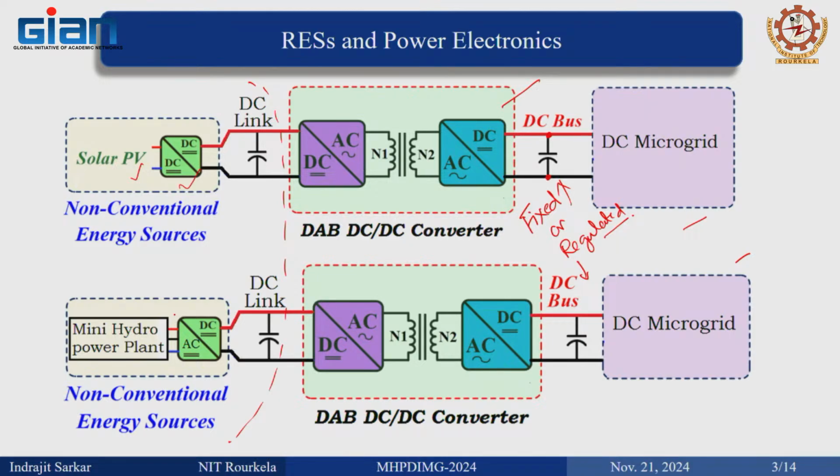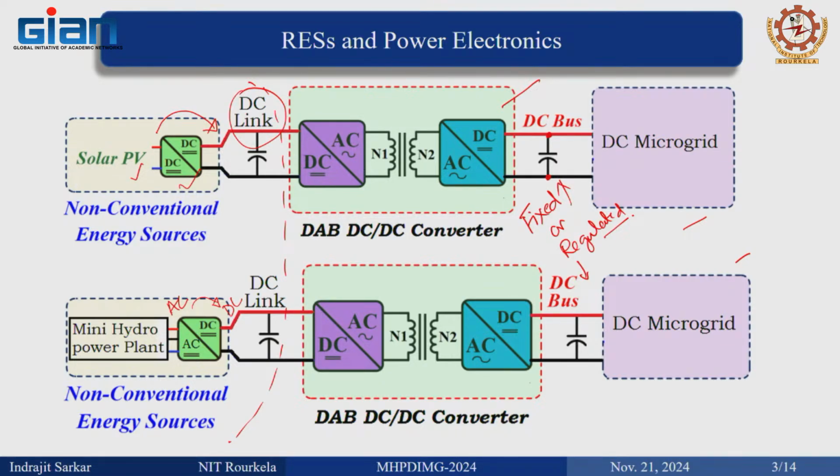When there is a mini hydropower plant, you have AC here and then DC, so there is an AC to DC conversion. Here also it is DC to DC conversion. Now, for power to be extracted at MPP, the criterion is that this DC link voltage must be regulated.